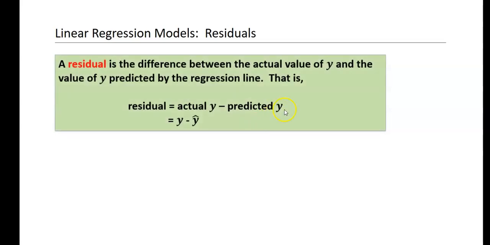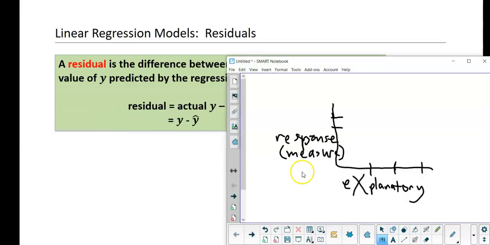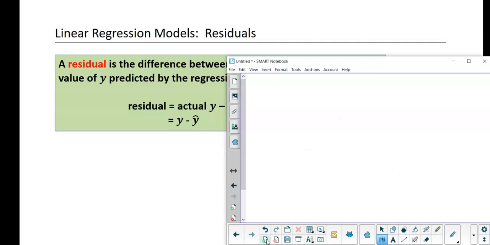So residual is this. So I'm going to kind of draw it for you because it's something you almost have to picture a little bit to get the idea of. Say this is a regression line, and you have one point below and one point above that regression line. Those values are actual values.